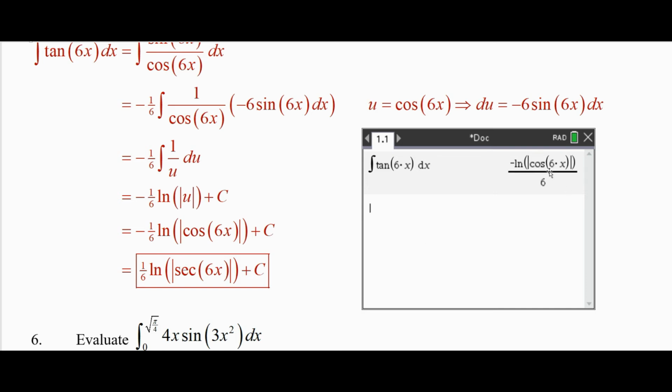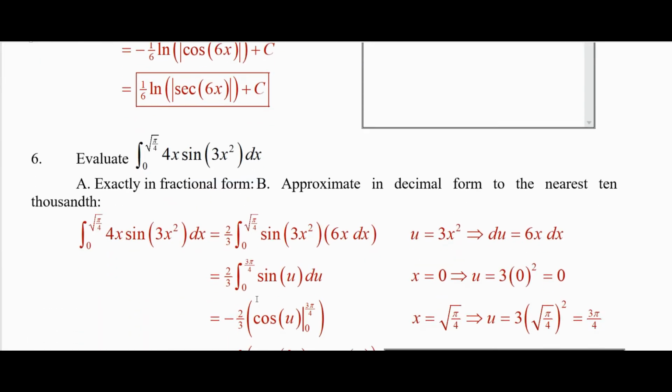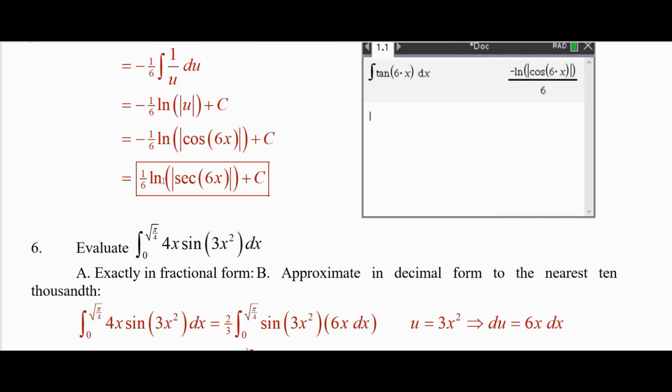The calculator actually gave me the line before the last one for my answer. You could even say it's the log of the 6th root of secant of 6x if you wanted to, leaving out the 1/6.